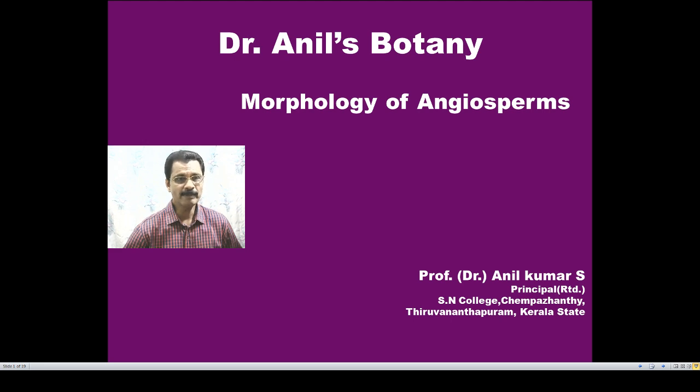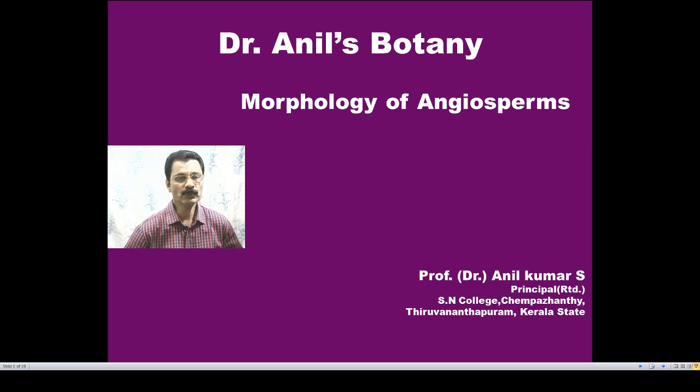In addition to the normal functions, certain roots are modified to perform other functions, and such modifications are called root modifications. The roots modified as storage organ. We have seen taproot is modified as a storage organ. Adventitious roots are modified as a storage organ.